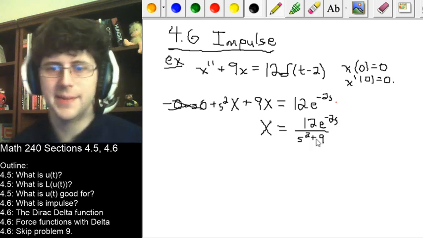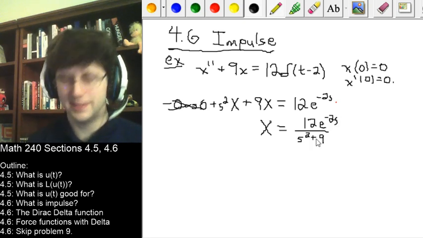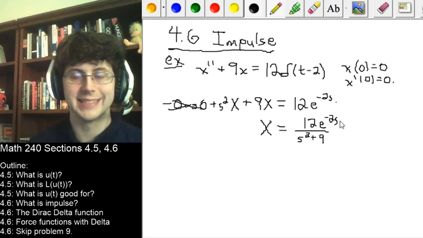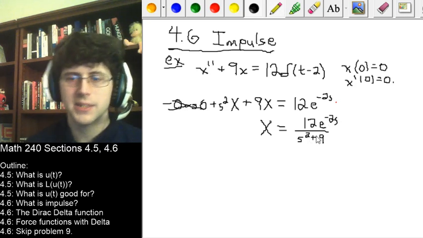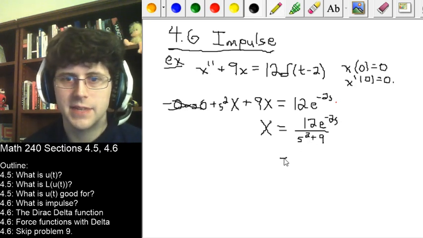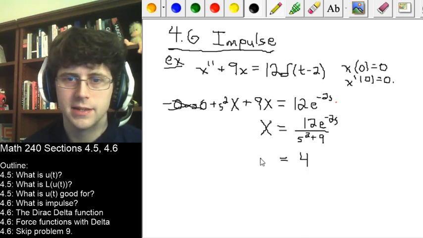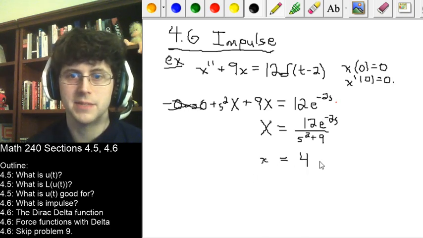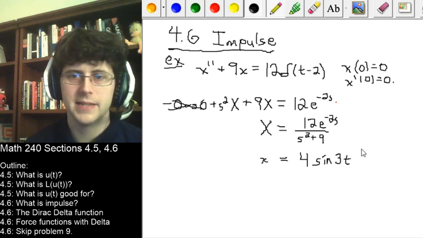What you get on the right side is exactly the Laplace transform of a function that's been delayed in time. It's supposed to have a 3 on top, so we've got 4 times as much. Back in t world, we've got 4 times as much as a sine 3t would have. But e to the minus 2s means it's delayed by 2.